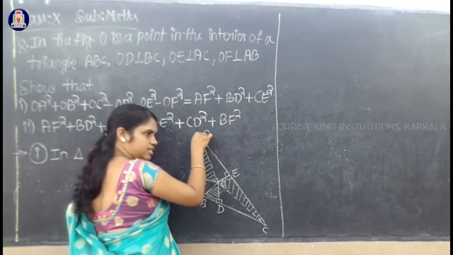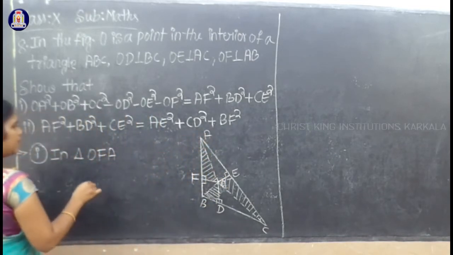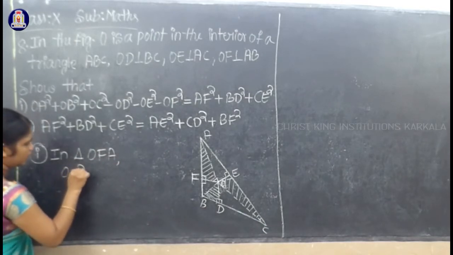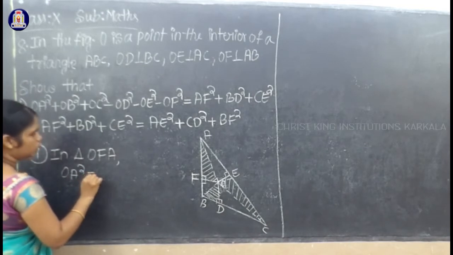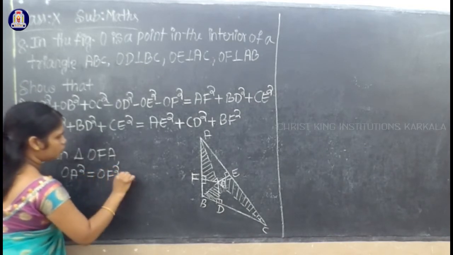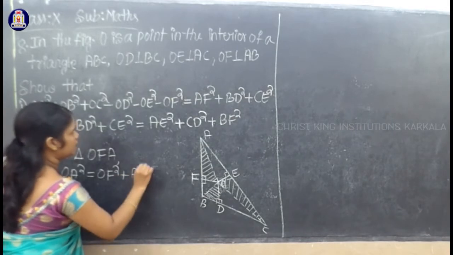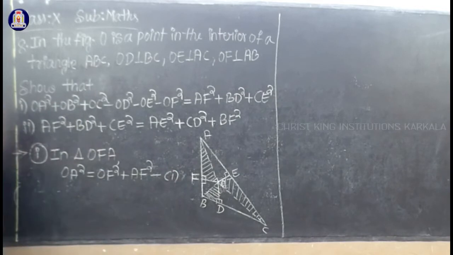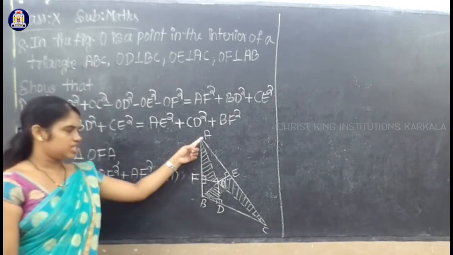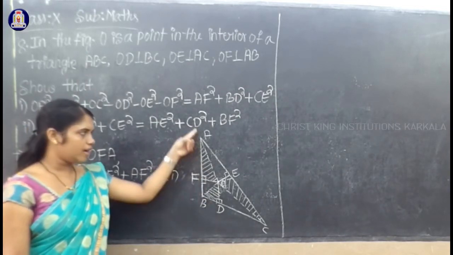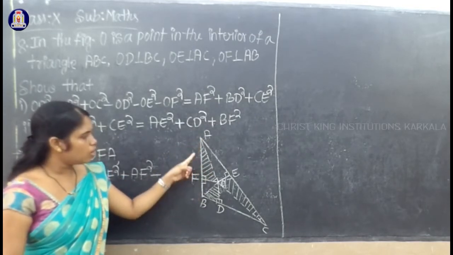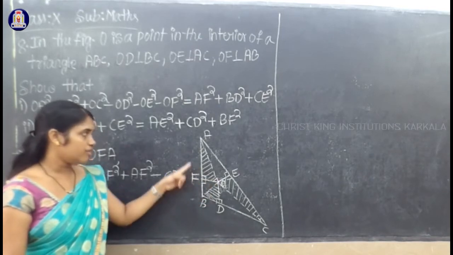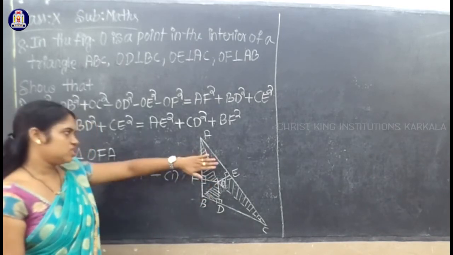That is OA, isn't it? So after applying the Pythagoras theorem, what is our equation? OA square equal to OF square plus AF square. I will consider it as equation number 1. The square on the hypotenuse OA is equal to the sum of the squares on the other two sides, OF and AF. So this is for the first triangle.